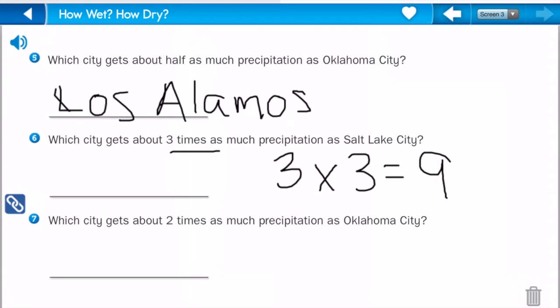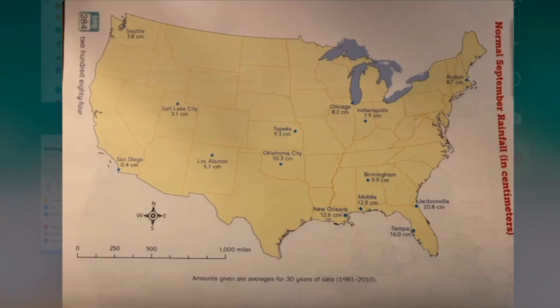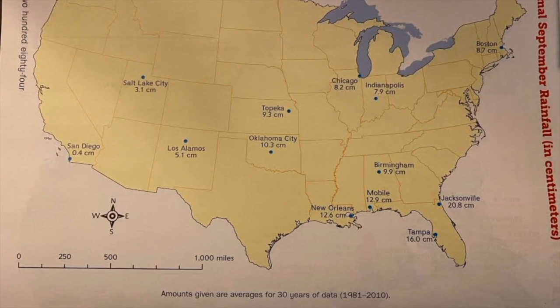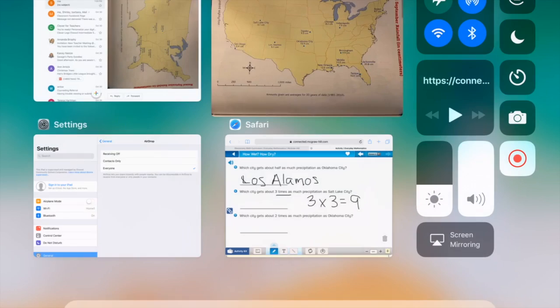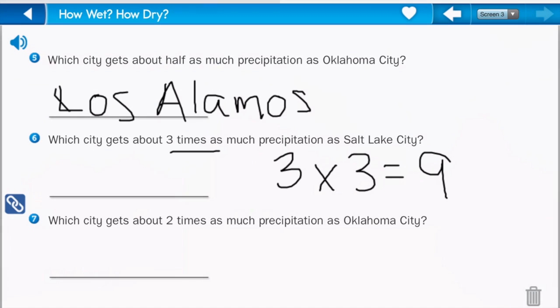So we're looking for a city that gets around 9 centimeters of precipitation. So it looks like we have Topeka and Birmingham, but we want it to be around 9. So 9.3 is closer to 9 than 9.9 is. Birmingham's closer to 10. So we see that Topeka would be the closest one.